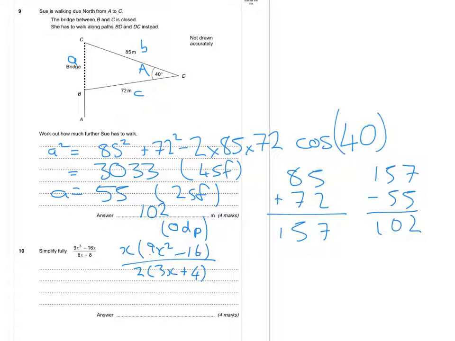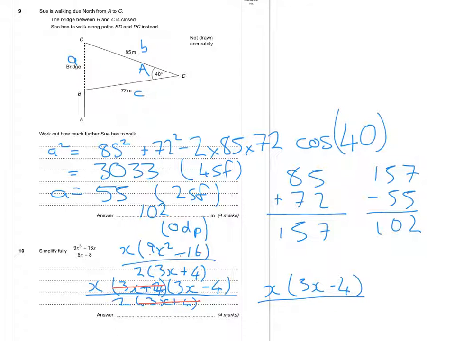Square number, square number, subtraction, so x (3x plus 4), sorry, square root of 16 is 4, (3x minus 4) divided by 2 (3x plus 4), so those are in common, and that's it. So it's x (3x minus 4) over 2.